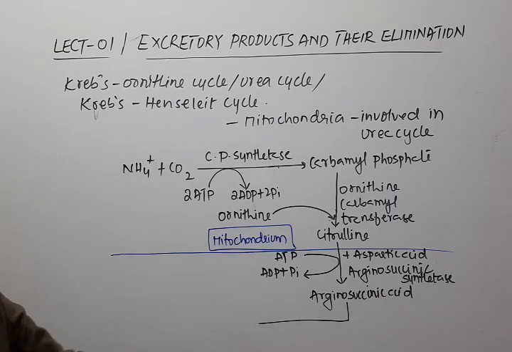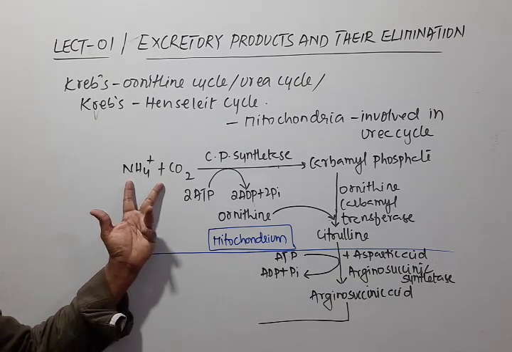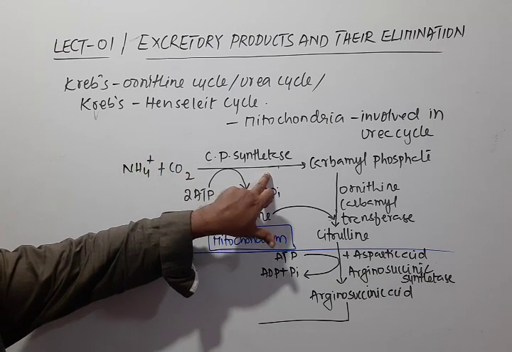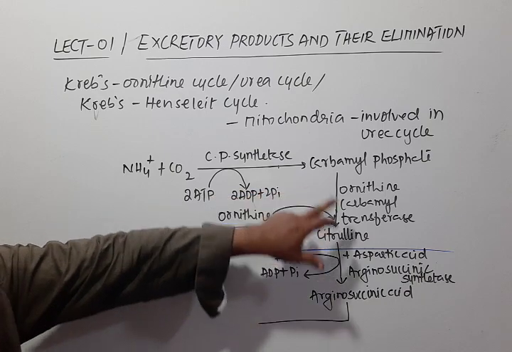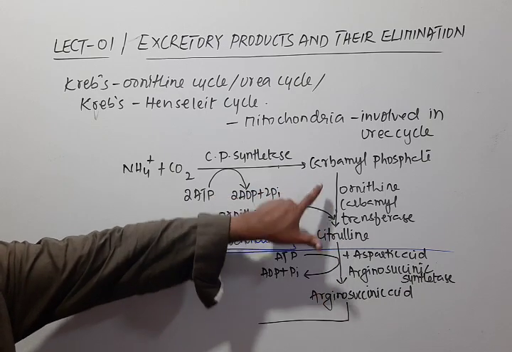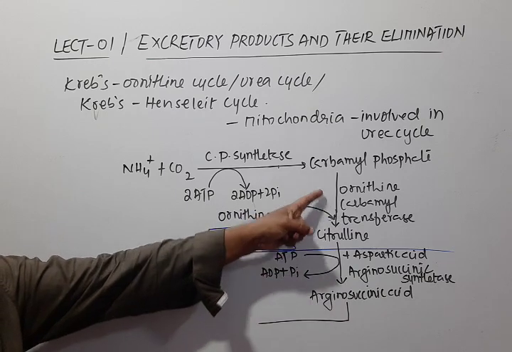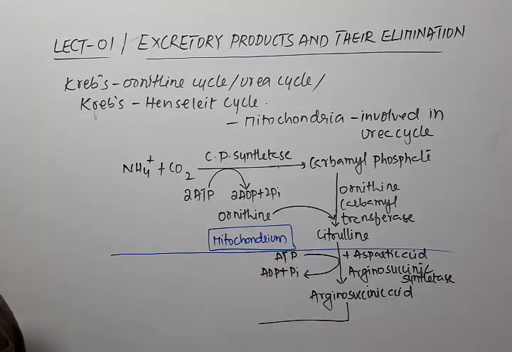So the reaction between ammonium and carbon dioxide in the presence of CP synthetase results in the formation of carbamyl phosphate. This carbamyl phosphate will react with the ornithine in the presence of ornithine carbamyl transferase enzyme, and results in the formation of citrulline.